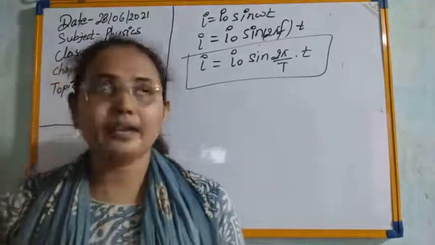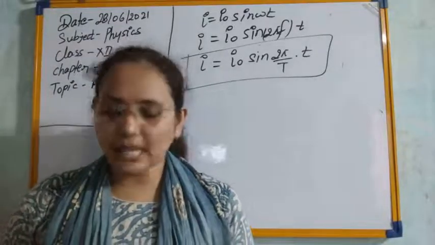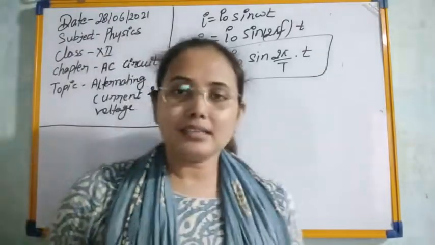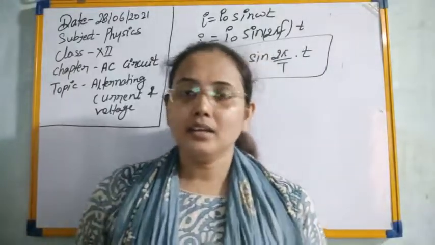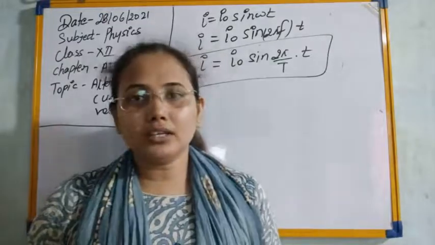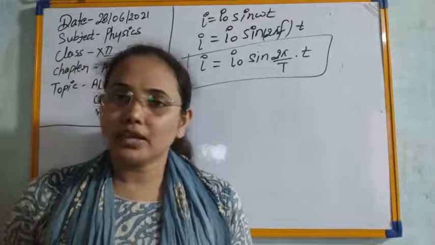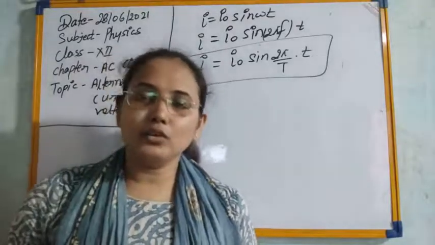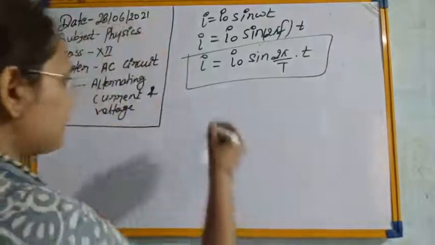Next, the average or mean value over the complete cycle for the AC is equal to 0, because for the first half cycle we have the positive value of the AC current, and for the negative half cycle we have the negative value. Whenever you add these two values for one complete cycle, the mean value for the AC is 0.